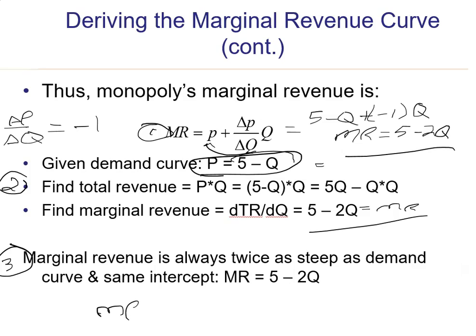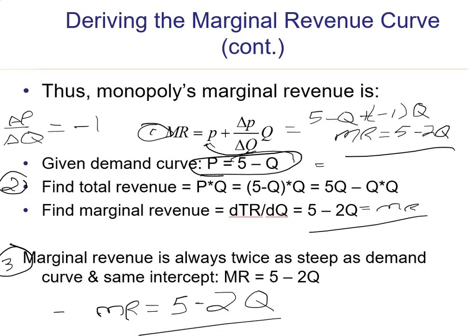So MR is going to have the same starting point, 5, and the slope is always going to be twice as steep. MR will always lie inside the demand curve and be twice as steep when demand is a line. So this slope of demand is negative 1. Since MR is twice as steep, it's simply going to be negative 2.